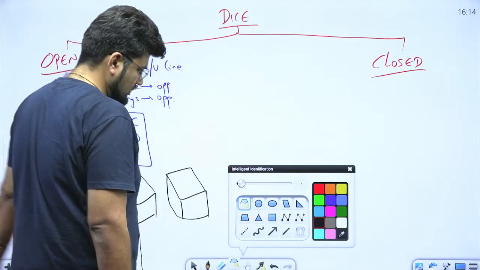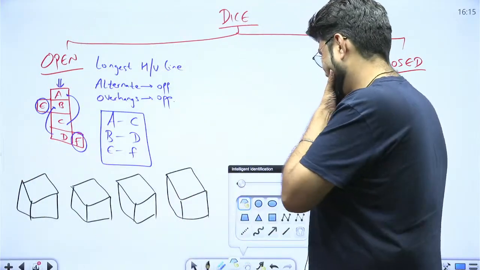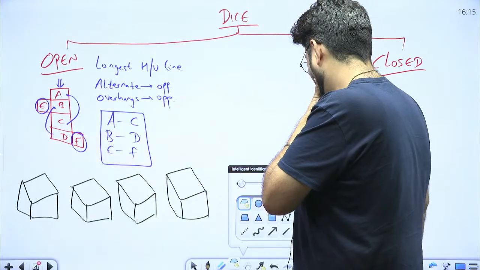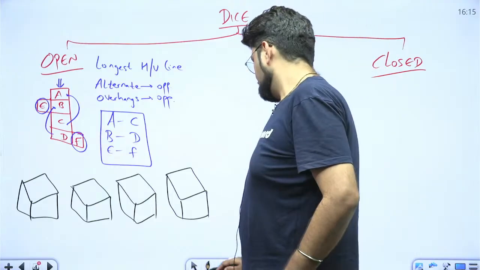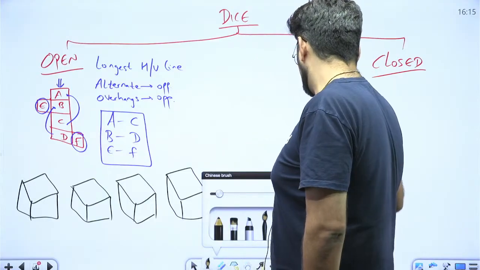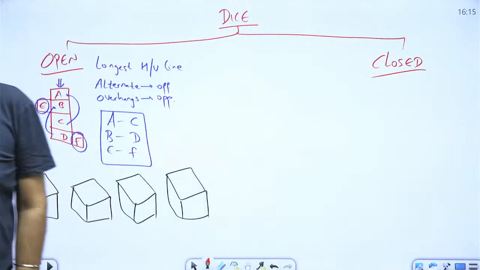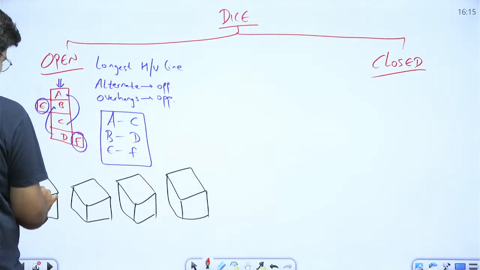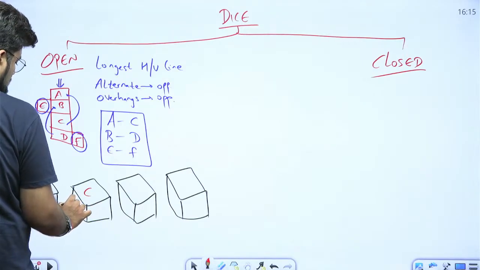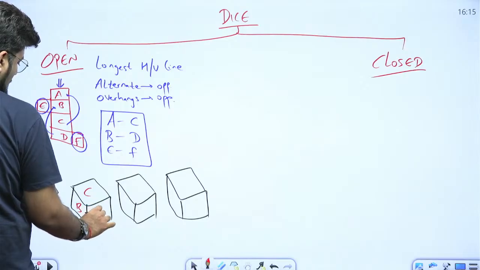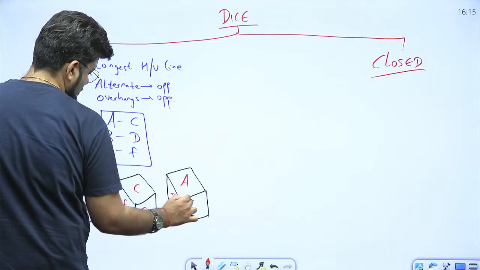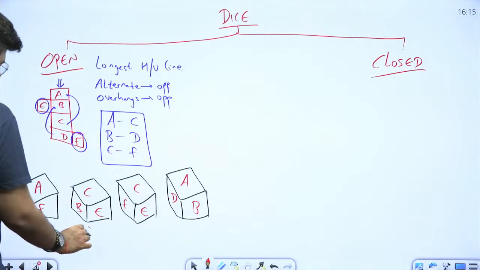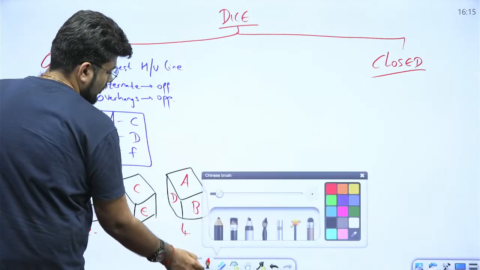So, my options are these. I need to check which of these cubes can be formed and which cannot be formed.